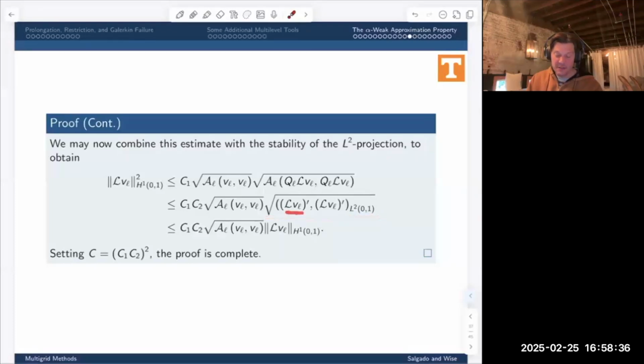of this object. I think I've got a slight mistake here because I've just copied this over as an H1 norm. It's not quite though, is it? What I really need to do is, oh, no, we're fine. Why? Because this is an H1 seminorm, and all I'm saying here is that it's less than the full H1 norm.